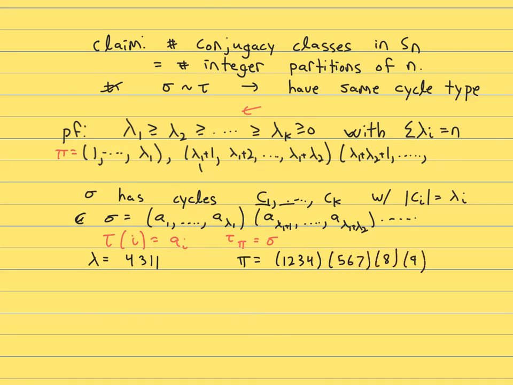All right, now let's just write down a random permutation sigma with the same cycle type. (3, 5, 7, 9)(1, 2, 4)(6)(8). I just chose it at random, but it must have the same cycle structure. Then you see that a good choice of tau would be to send 1 to 3.